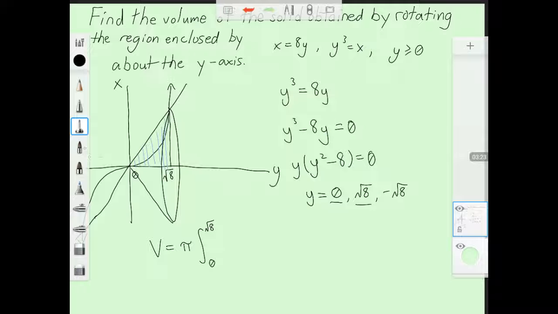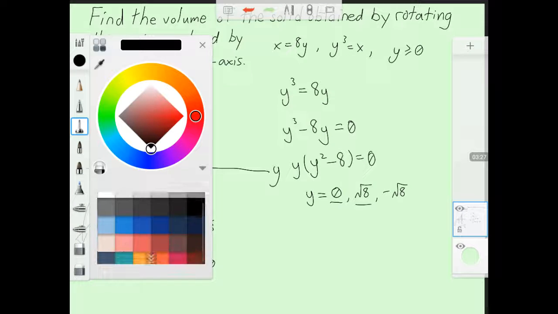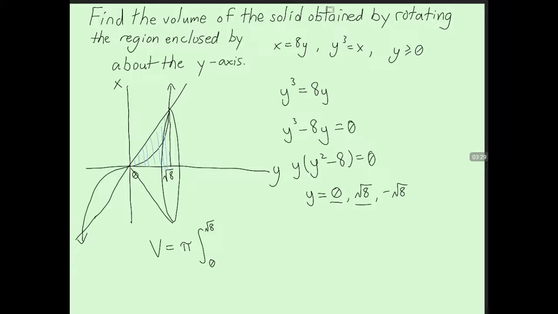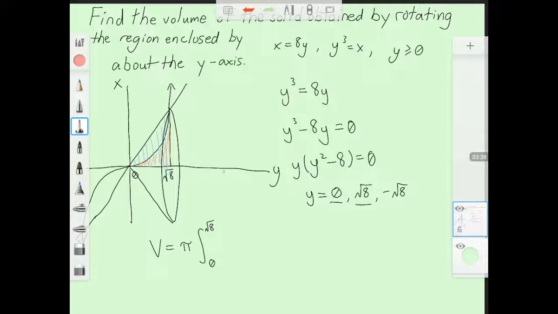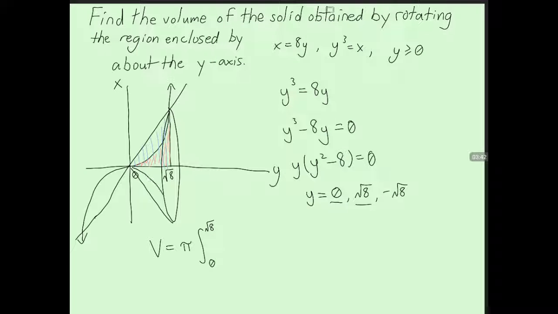If we want to take the area underneath the cubic function, and shade that in, it's going to look something like this, and rotate it around the y-axis, we're going to get something like this. And it's going to be inside of the cone.